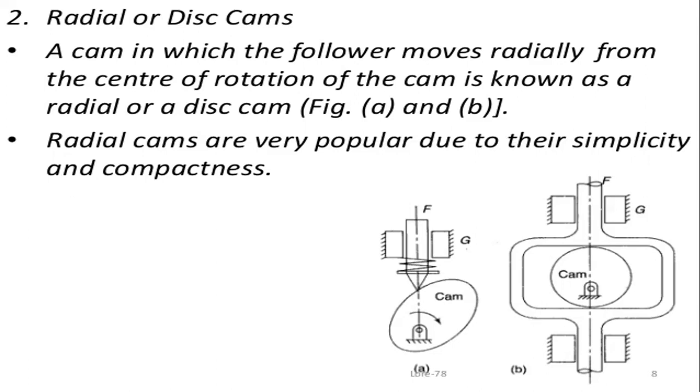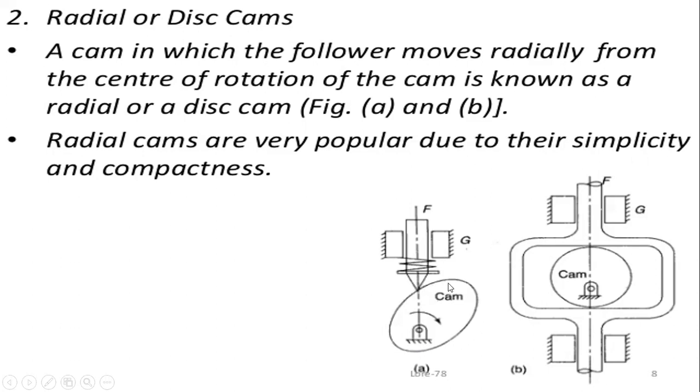And these radial cams are very popular due to their simplicity and compactness. So first you can see the radial cam, which is moving in the clockwise direction, and this follower is moved based upon the profile of this cam.